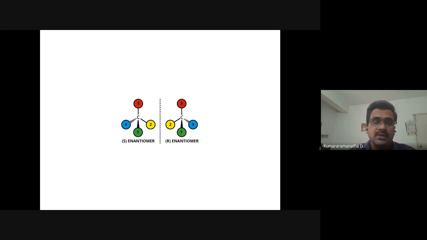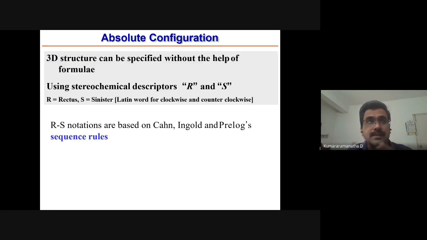Now, yesterday at the end of the class we were also talking about how to label or assign descriptors for a chiral molecule, whether it is R or S. These stereochemical descriptors essentially give an absolute configuration, like R or S, which is rectus or sinister, the Latin words for clockwise and counterclockwise.